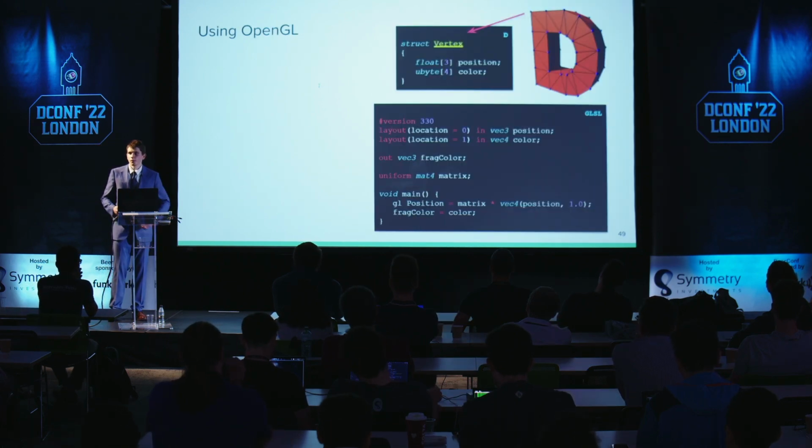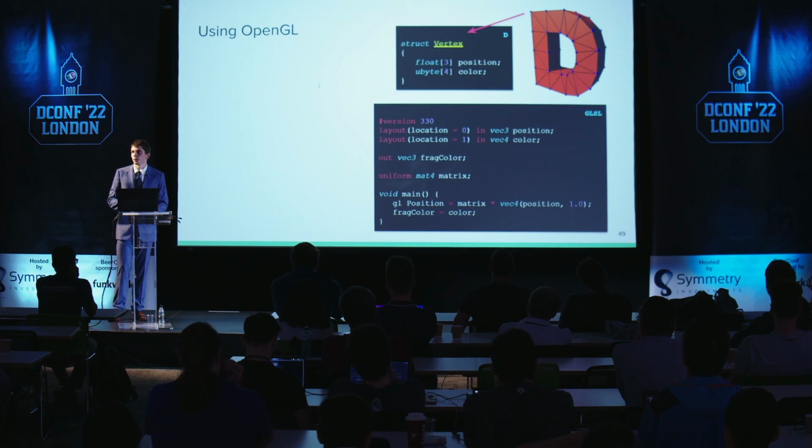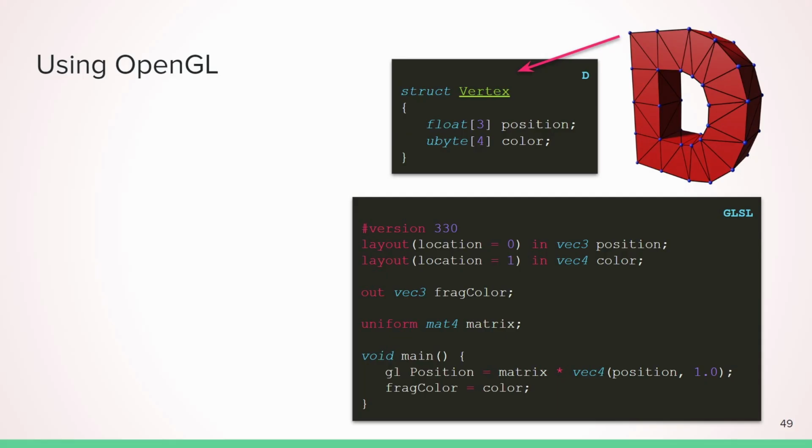So here's how OpenGL works together with D. Let's say we're rendering a simple triangle mesh. We usually make models from triangles. The corners of these triangles are vertices, and they are an important piece of data that's needed to render these models. So you have defined this structure that, in this example, has two attributes for each vertex, a position in 3D space and a color.